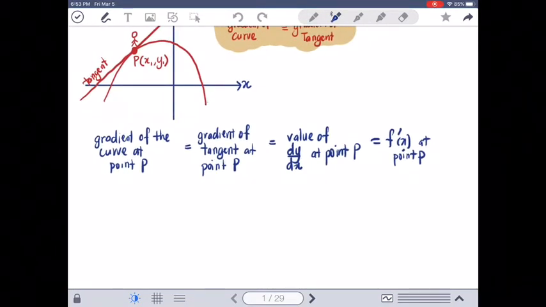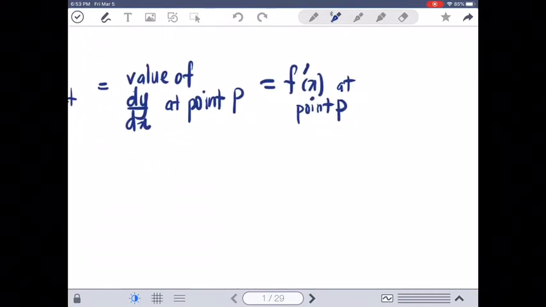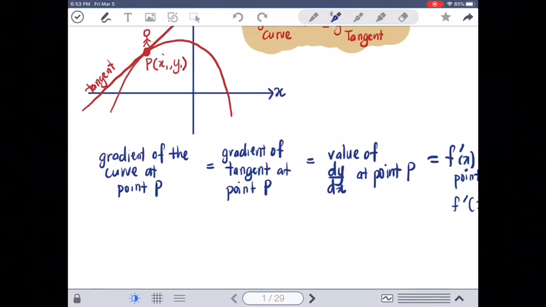If you want to find the gradient of the curve at point P, this is just equals to gradient of the tangent at point P, which is just equals to the value of dy over dx at point P, or we can say it's just equals to the value of f prime x at point P. In this case, we can say that the value of f prime x1, since point P is just x1 there.